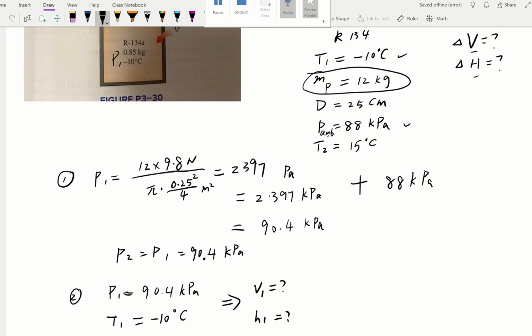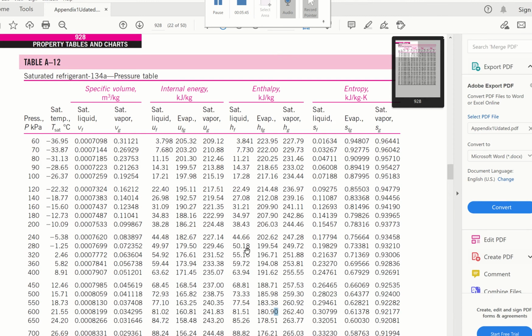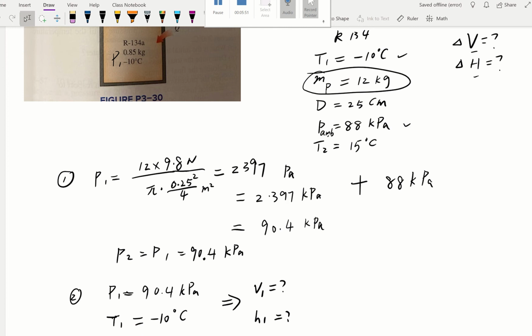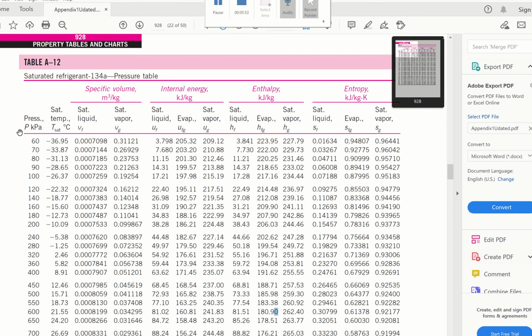It's R134a, and we were given pressure and temperature. When you have both, like I always encourage, look at the pressure table, like we did for the steam table. So let's look at the pressure table, which is table A12.